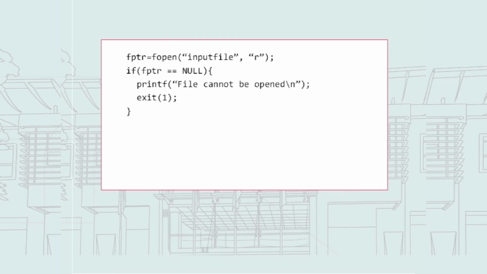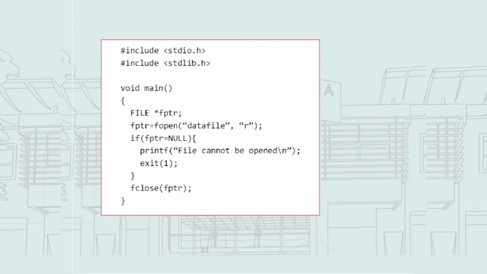You should notice the syntax of exit(1). This code is used to exit from the program. In order to use exit, you need to include the preprocessor directive #include <stdlib.h>.